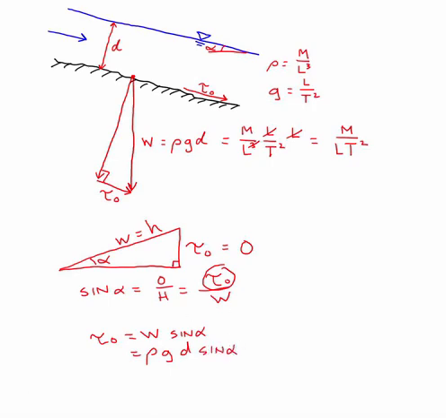Now there's that special case, no, I shouldn't say special case, but for very low alpha, the sine of alpha approximately equals the tangent of alpha, and the tangent of alpha is just rise over run, and that equals the slope, s.